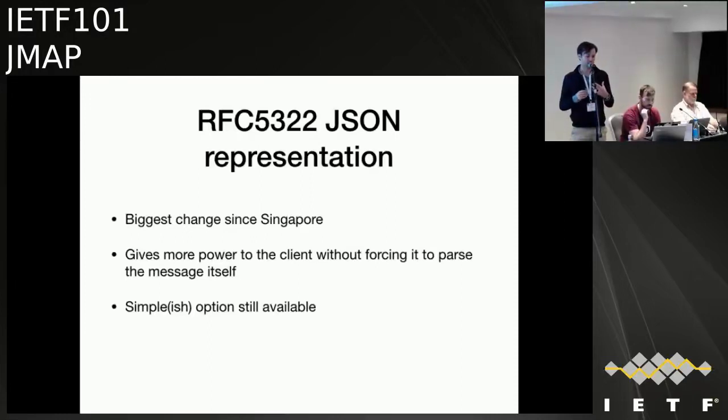But we've also kept a lot of the simpler ways of accessing the same data so that clients can scale their needs. Simple clients are not going to be overwhelmed by huge amounts of complexity, but as you get more advanced, the power is there without the clients having to resort to parsing the full MIME structure themselves from the raw message, which also means they can be much more efficient in terms of the data transmitted over the wire, because you can request just what you want, including now a maximum size for a body value.